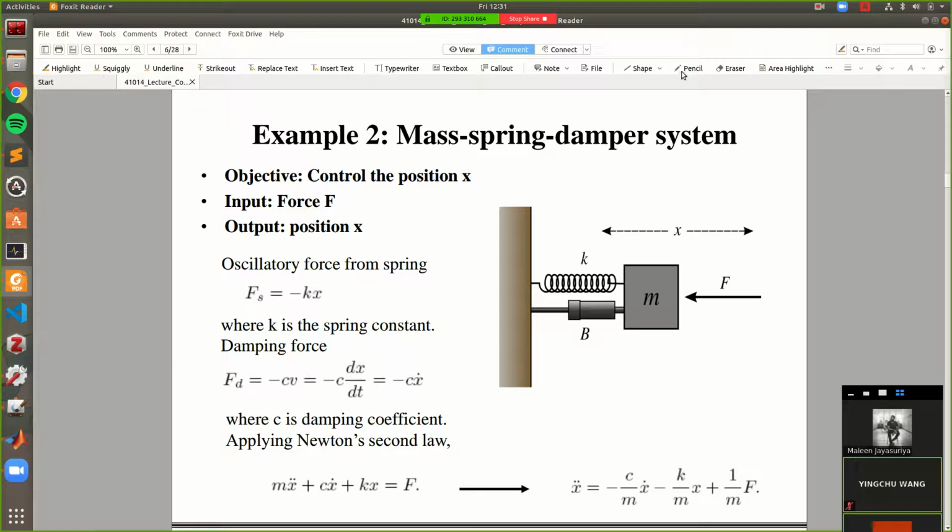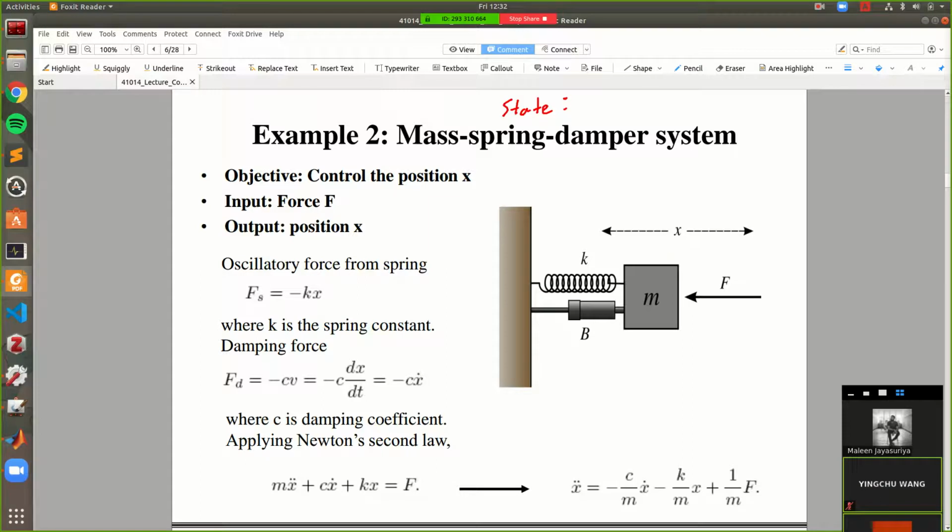A state is basically some sort of parameter that defines the system that we are interested in. So here, let's say we are interested in the displacement of this mass.